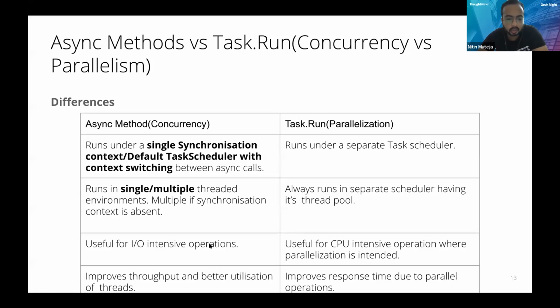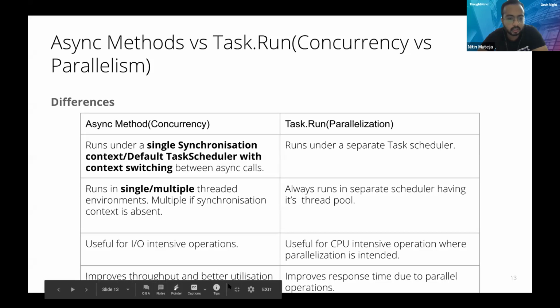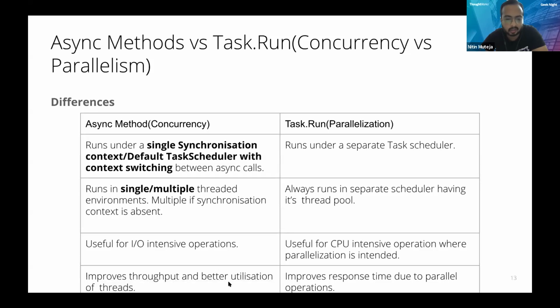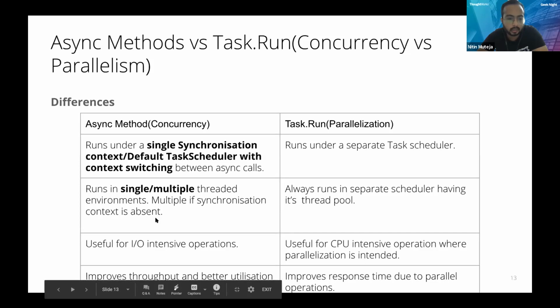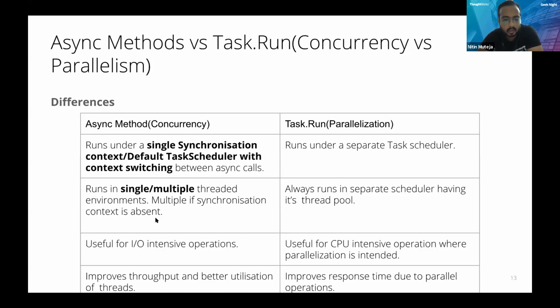I'll quickly talk about basic differences between asynchronous methods and Task.Run. Asynchronous methods run under a single synchronization context. In a UI-based application, there is a UI synchronization context under which the rest of your asynchronous operations run.